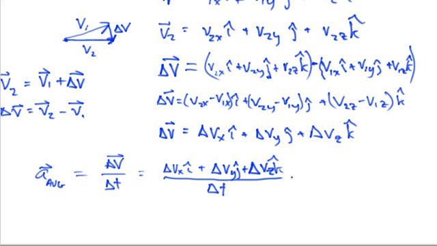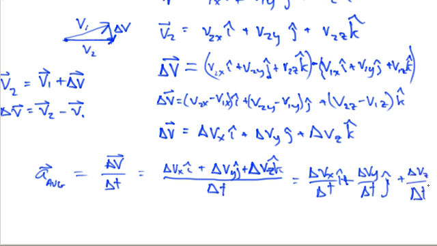And I can distribute that delta t, that's delta vx over delta t times i plus delta vy over delta t times j plus delta vz over delta t times k.